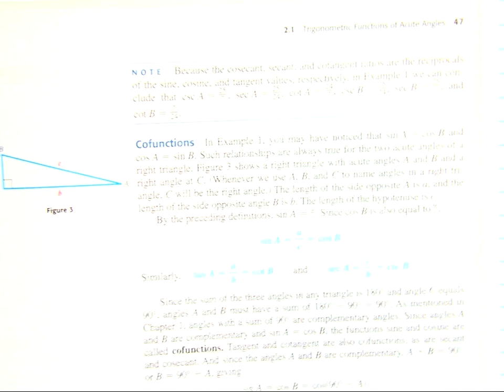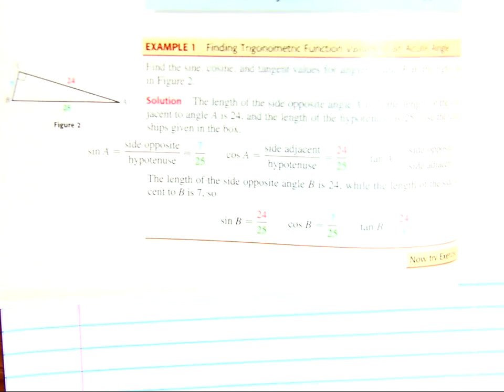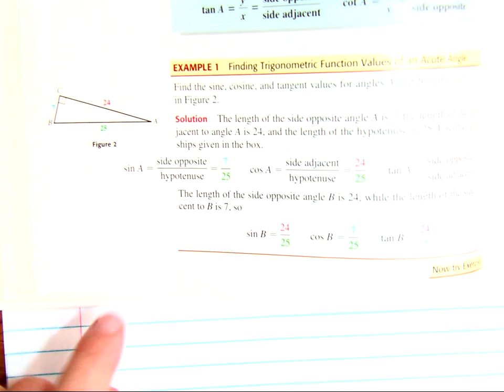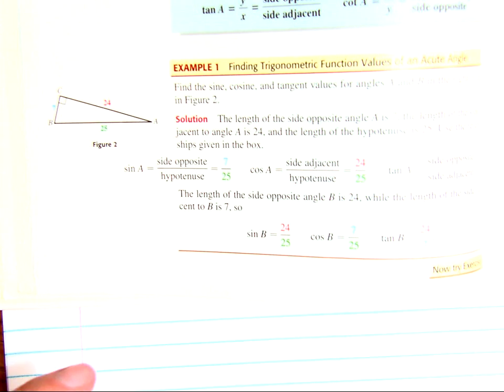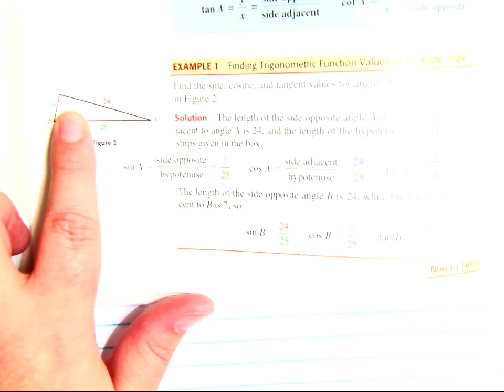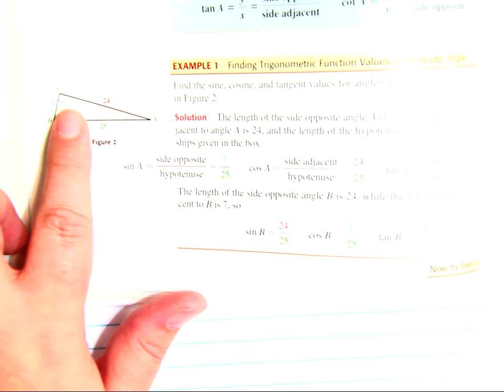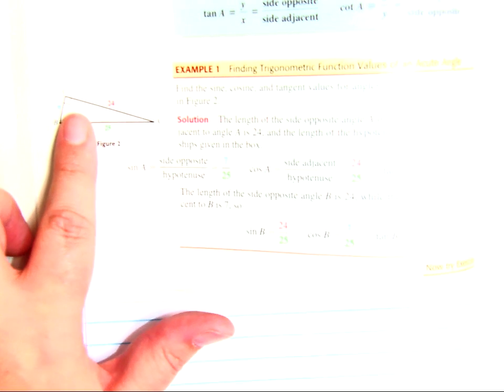So let's go down. Example 1, all they were doing was they were given a right triangle here, and they were finding sine, cosine, and tangent of the different angles. And if you notice, angle C is the right angle. It's kind of blurry on my screen, but I'm just referencing this right out of your book.